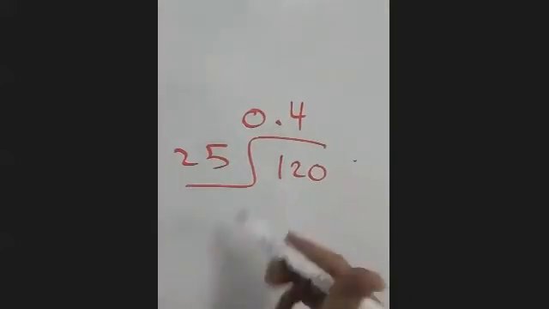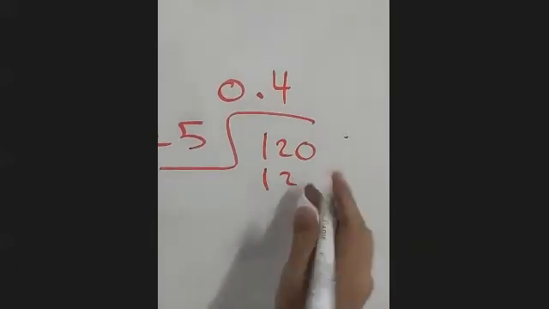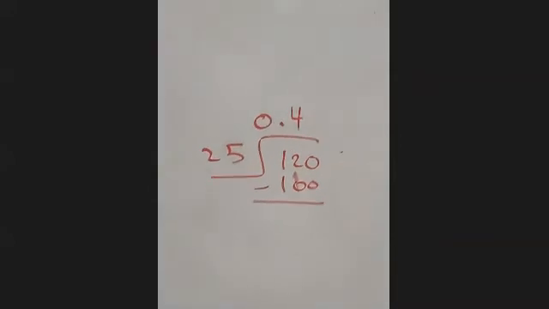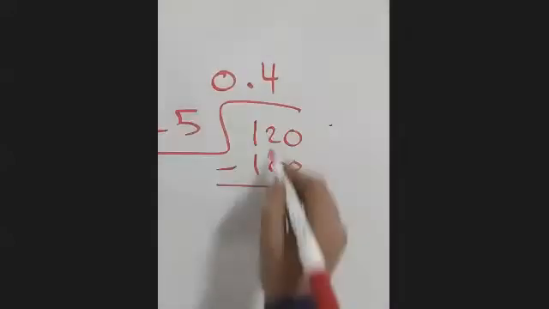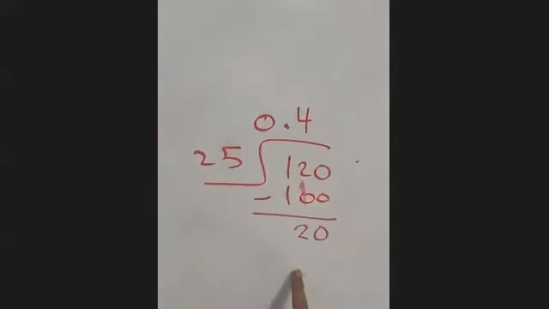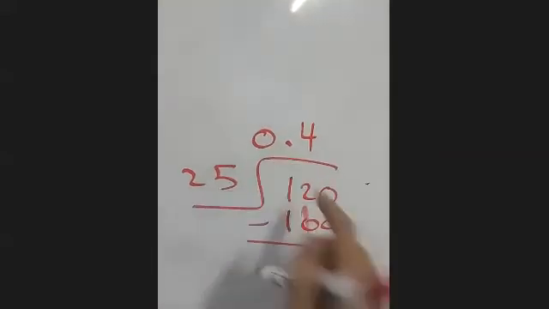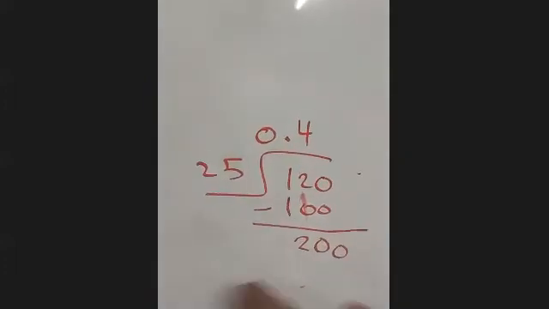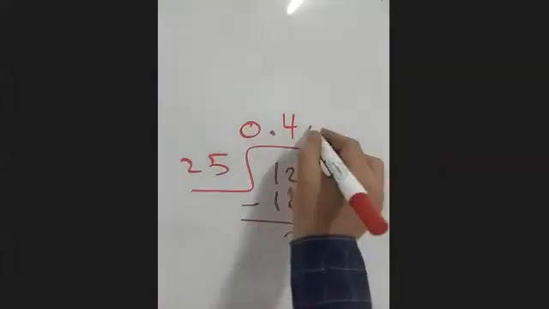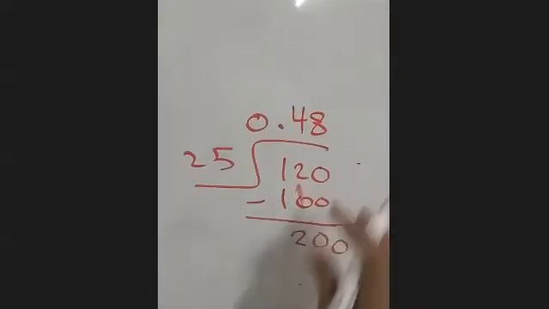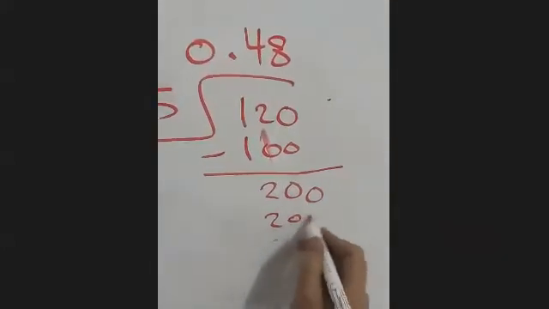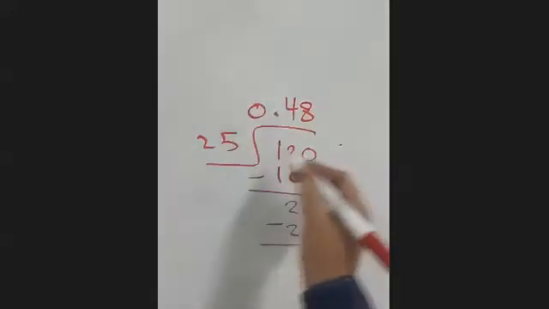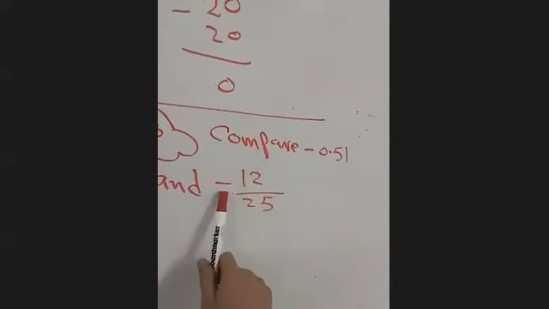Now 4 times 25 is exactly 100. Subtract, 20. 20 divided by 25, we have a decimal, so we can add 0. Now you try numbers. 25 multiplied by 8 is exactly 200. Subtract, 0. So this is the decimal of this fraction, but don't forget the negative sign.